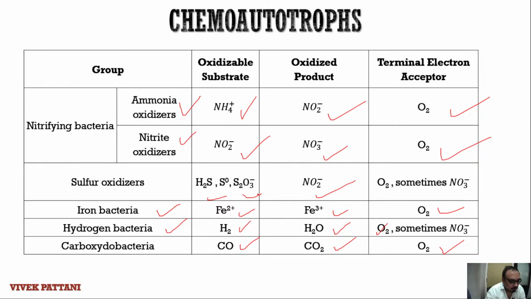They may use ammonium, nitrite, sulfide, thiosulfate, or a ferrous ion. Some can also use elemental sulfur, hydrogen, or carbon monoxide as electron or hydrogen donors, gaining energy and reducing equivalents for the synthetic processes by the oxidation.